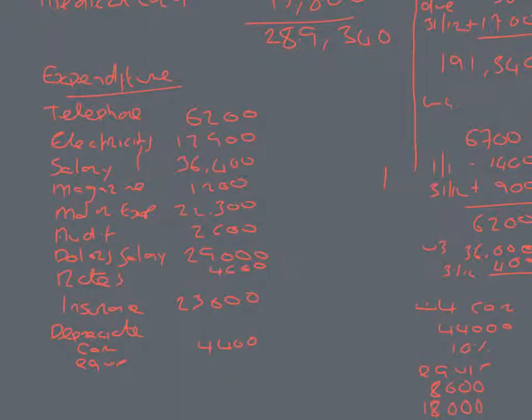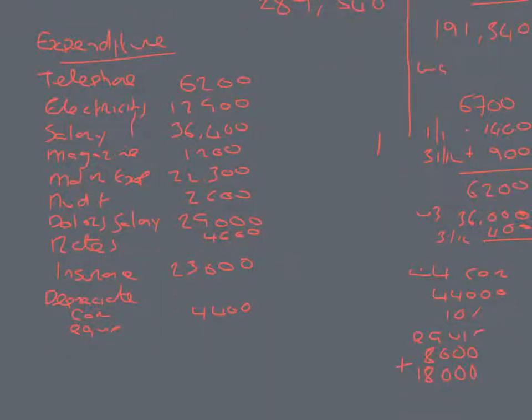So we need to add them two together, and then we just need to multiply our answer by the 25% depreciation. If you do that calculation, you get 6,500.